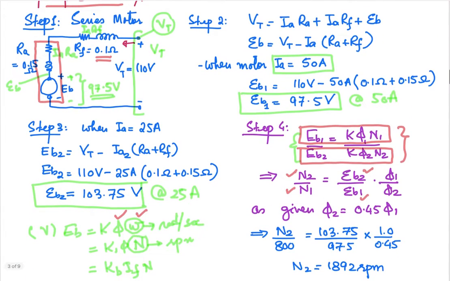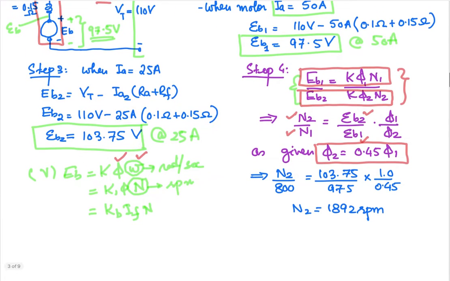So how can we relate the fluxes? Phi 2 is equal to 0.45 times phi 1, the new flux. Now in the equation obtained by taking the ratio of the back EMFs, if we plug in this phi 2, we have phi 1 and 0.45 phi 1, so phi 1 will cancel out, and the back EMF here and the back EMF there are those of the high torque.